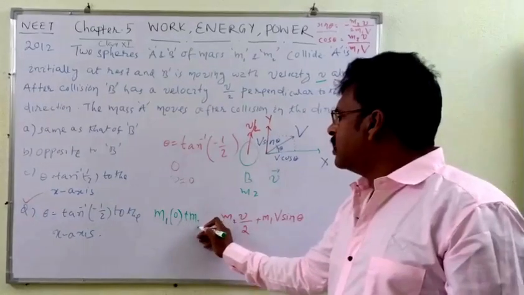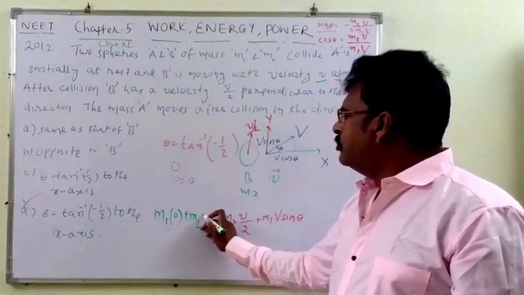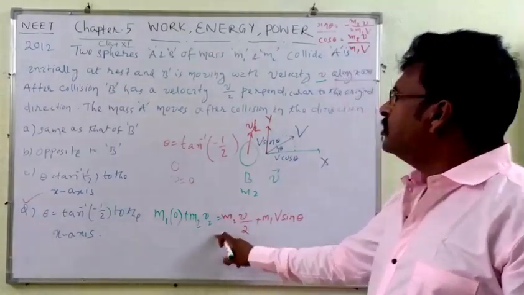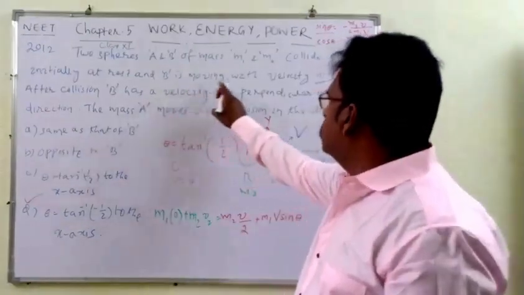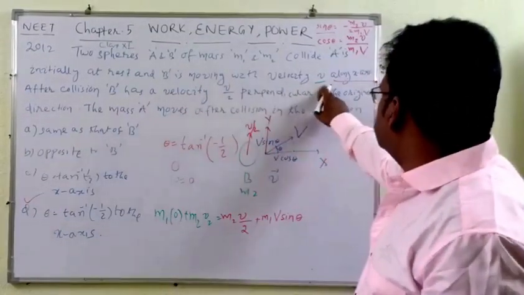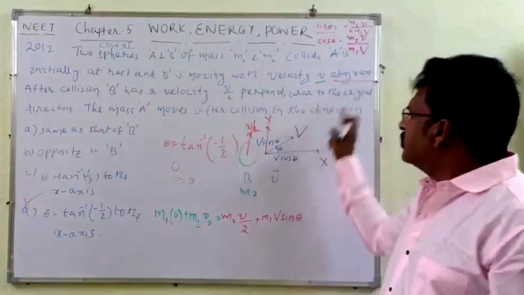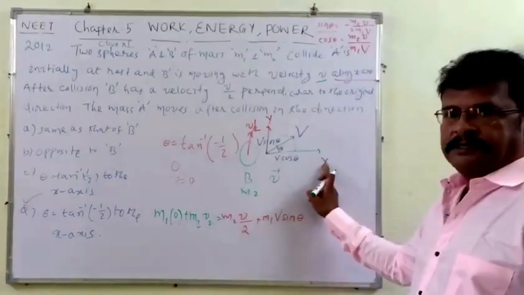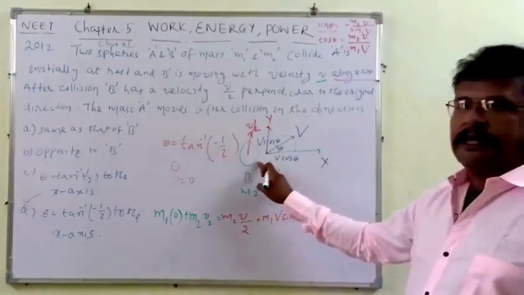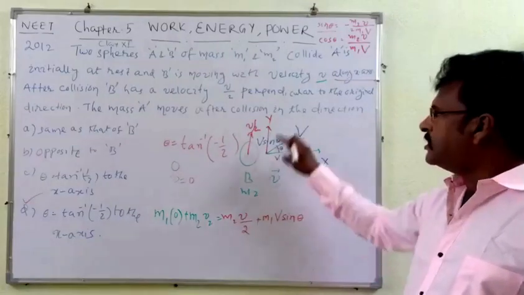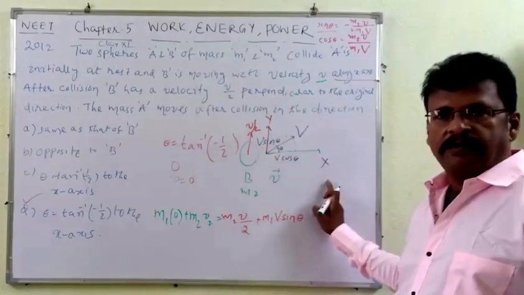And let us write the linear momentum m2 V2. And what is V2? The body B was initially moving with velocity V along the x-axis. So the entire velocity is along the x-axis and the y-axis is perpendicular to the x-axis.